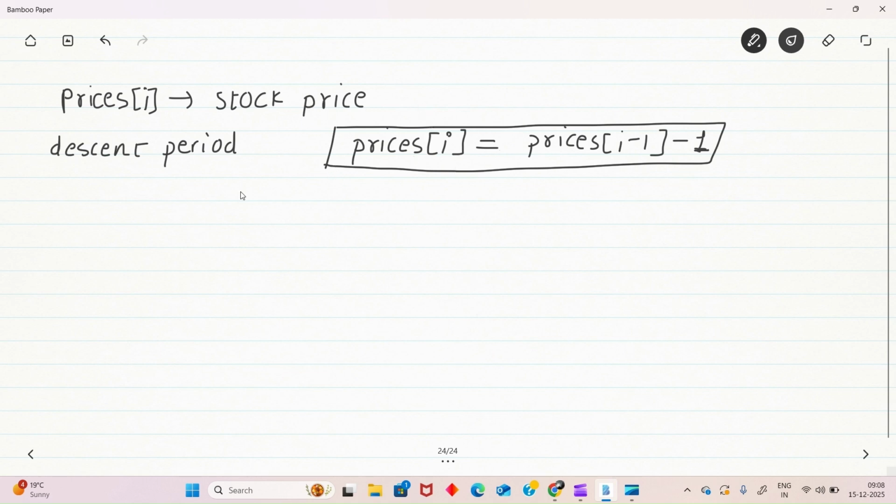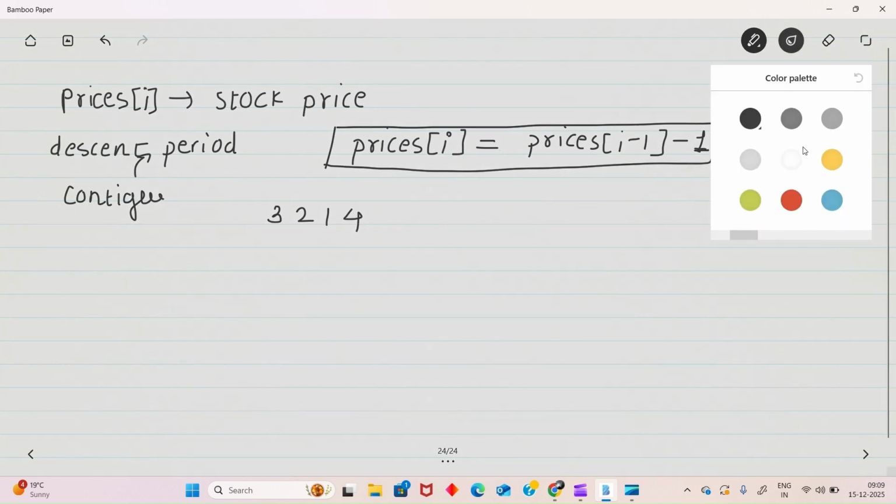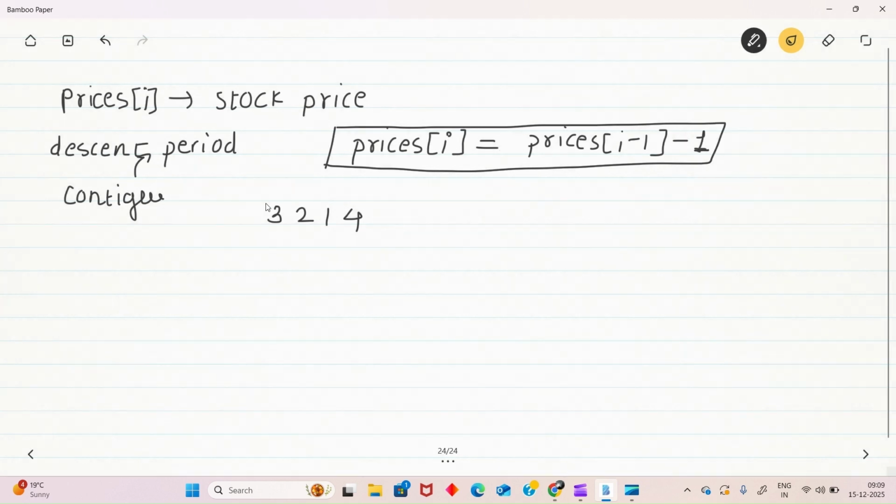So we have to find the contiguous descent periods. For example, here it was given 3 2 1 and 4, and the answer is 7.